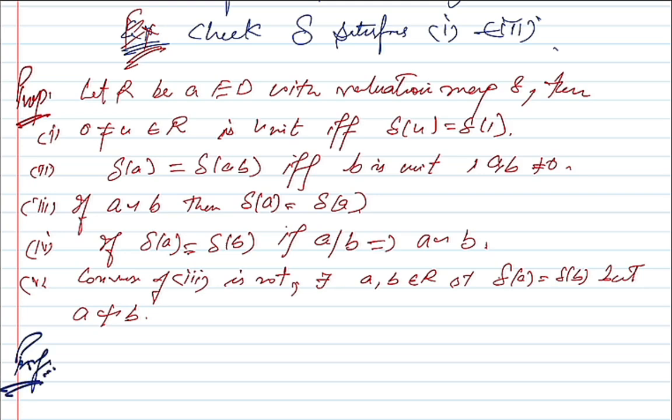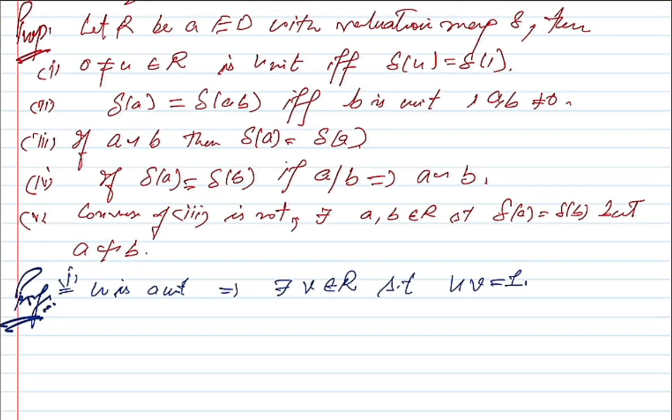Okay, so let us try to see these points. Now u is a unit. So for the first point, u is a unit, which implies there is some v belonging to R such that uv is equal to 1. This clearly tells you that delta of uv is equal to delta of 1, and that has to be greater than or equal to delta u.